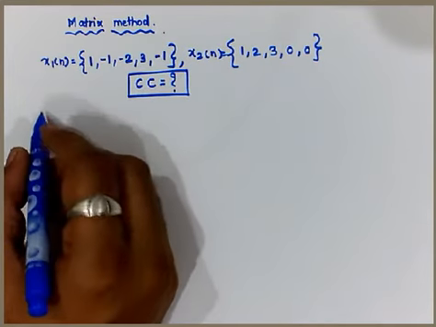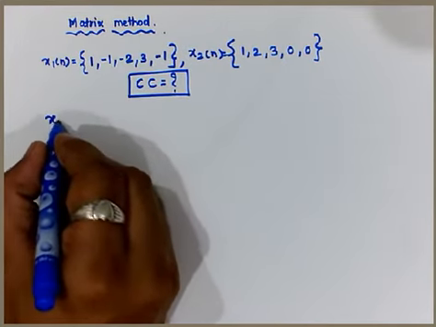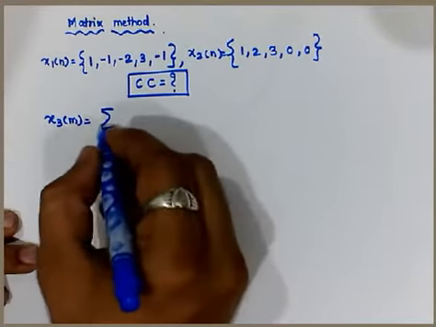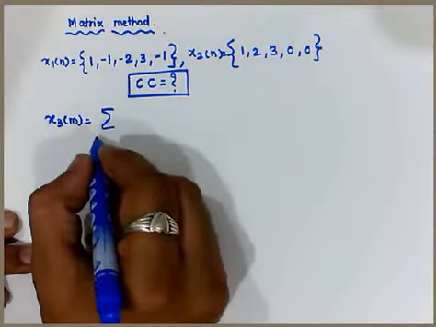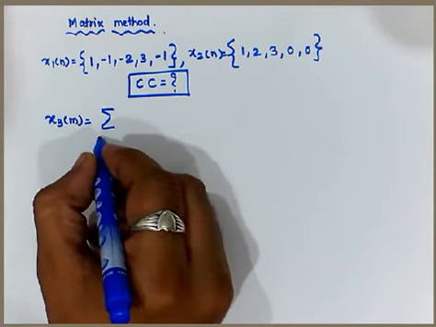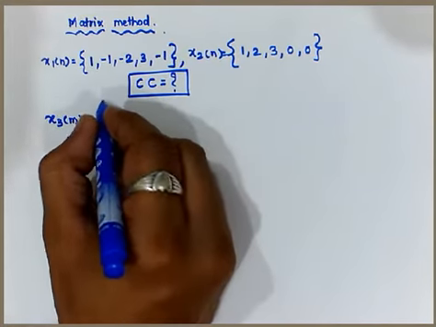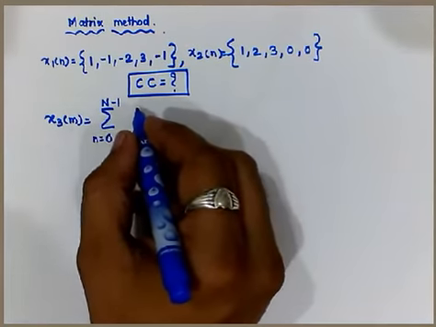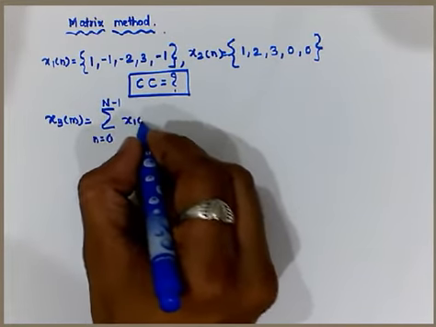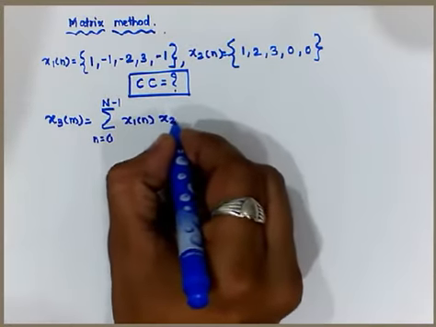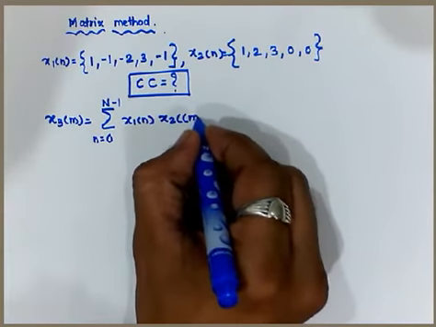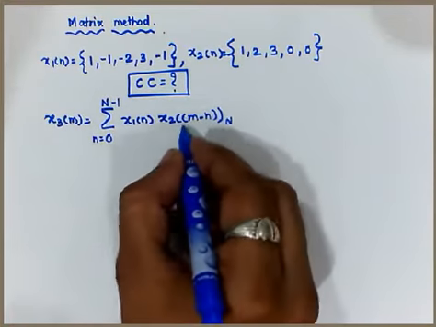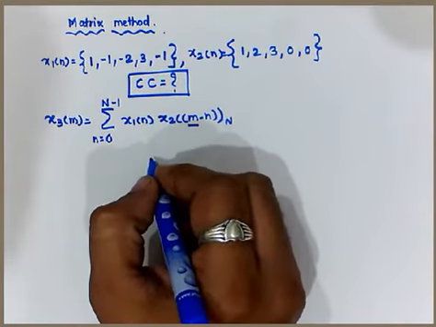The expression for x3 of m is the summation from n equal to 0 to N minus 1 of x1 of n times x2 of (m minus n) mod N, where m ranges from 0 to N minus 1.